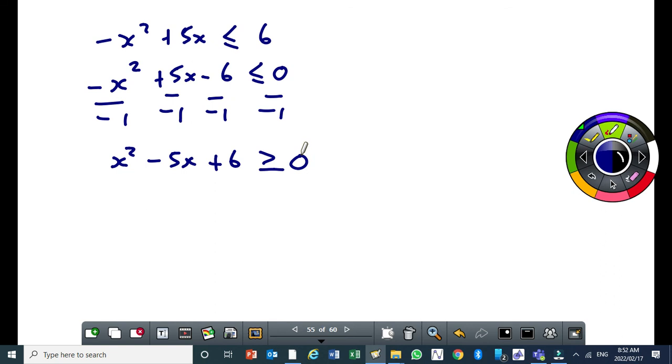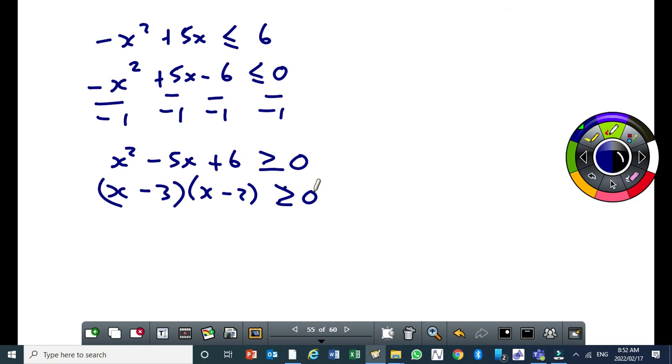Then we factorize this. If you can't factorize, you can use the quadratic formula, remember, to get your principal values. So this is going to become x minus 3 times x minus 2 is greater than or equal to 0.